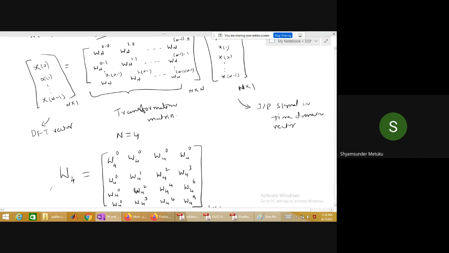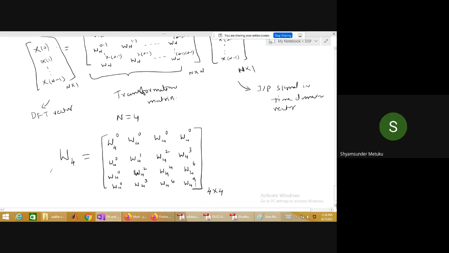From the above matrix only, I have written. Correct, sir. So all the first columns are ones. Agree or not? The first row, first column is 1 only, since anything to the power of 0 is 1.